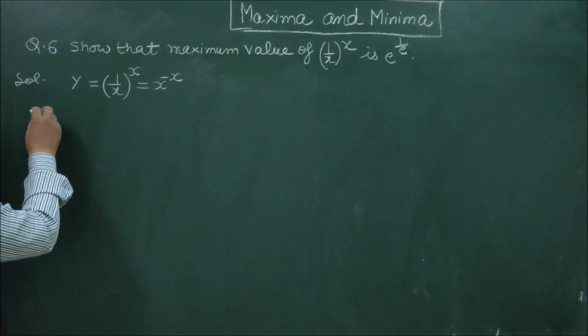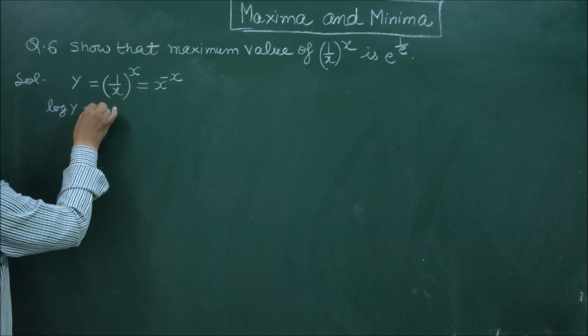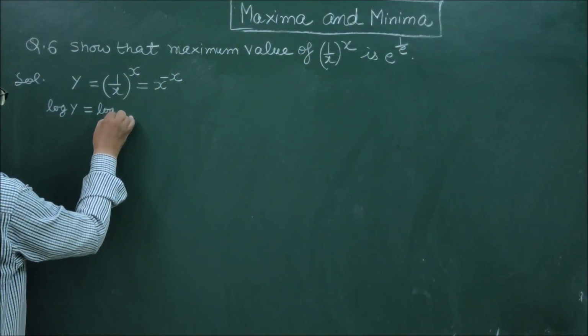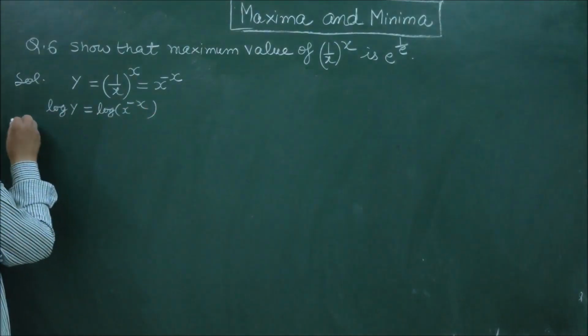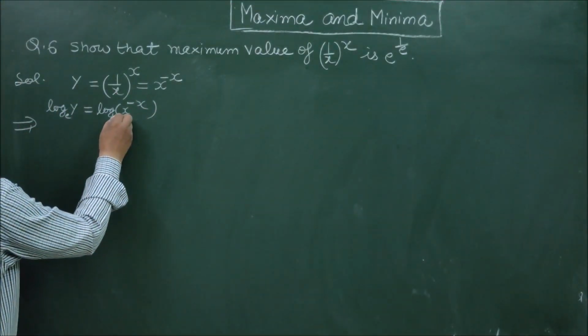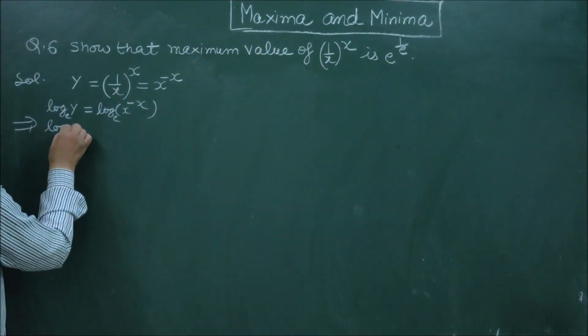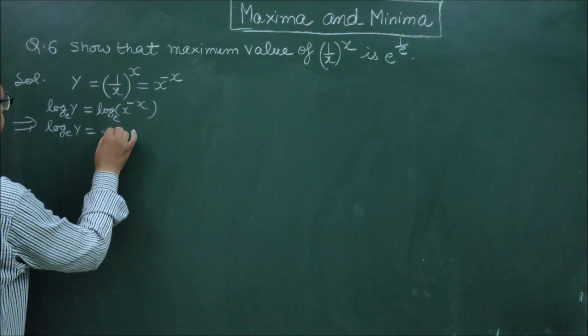Now taking log of both sides on the base e, log y is equal to log of x raised to the power minus x. Log y is equal to minus x log x.